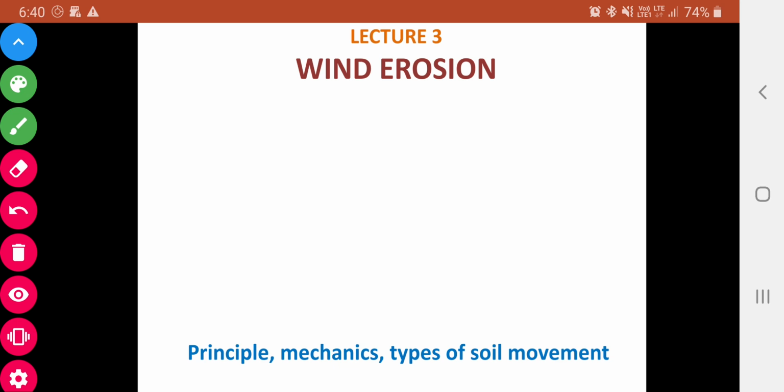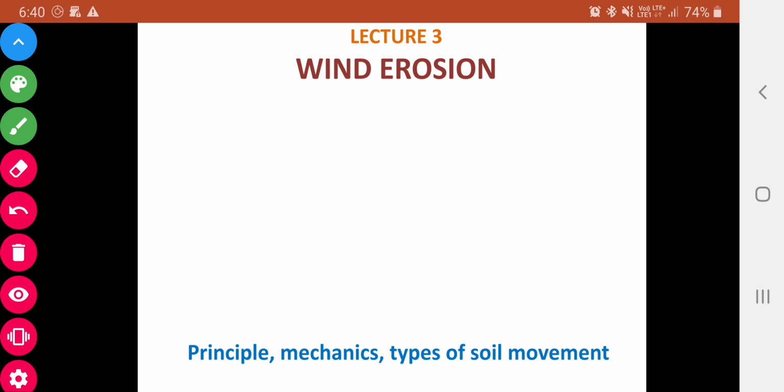Soil erosion is the detachment, transportation, and deposition of soil particles from one place to another place. This process is called soil erosion.